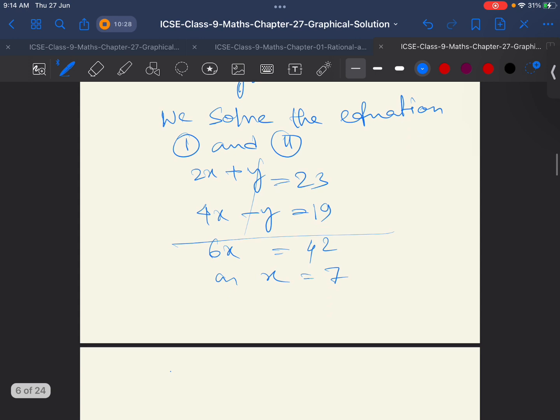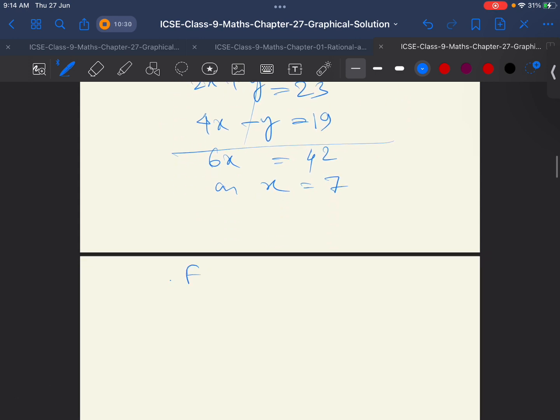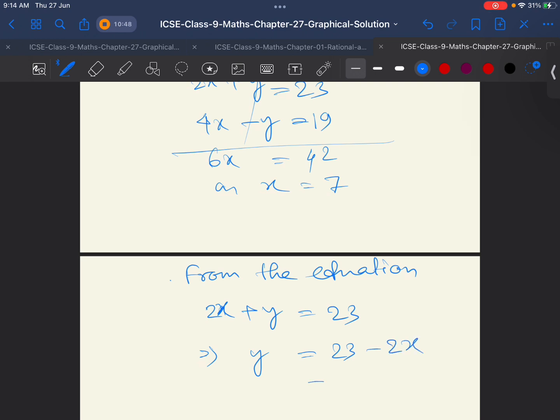Now we put x equals 7 in equation 1. So from equation 1 we get 2x plus y equals 23, which implies y equals 23 minus 2x.